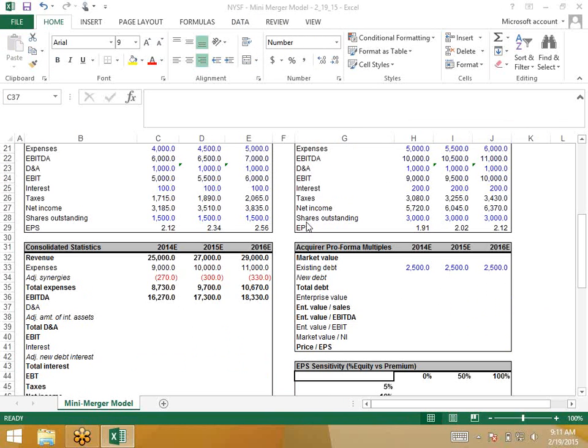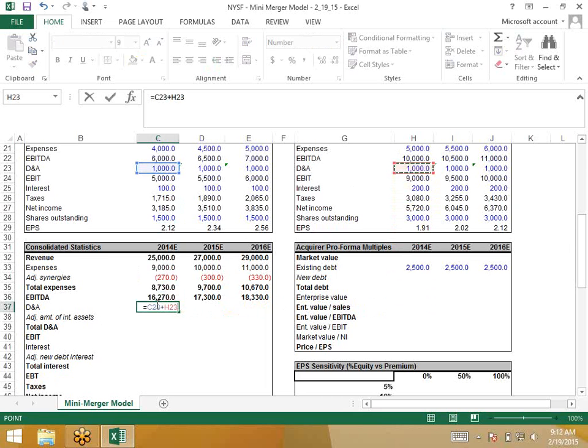Okay, now we have D&A. And so D&A is going to be, again, a sum of the acquire and target D&A. You're consolidating PP&E, you're consolidating the assets, you're consolidating the depreciation and amortization. Again, I mentioned the difference between this accretion dilution analysis or a mini merger model and a full scale is the lack of detail in some areas. In the full scale model, we can get more detailed with the PP&E.